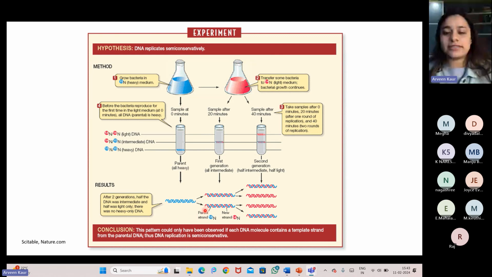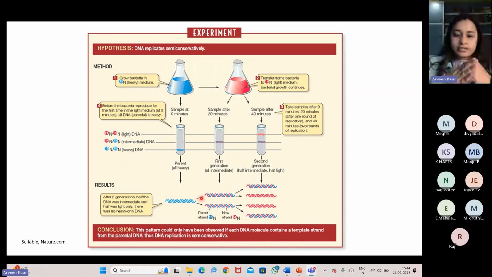How can we understand this? For example, say there was one parent strand to start with. In the first division itself, it got separated. One of the strands acted as a template for one new strand, the other acted as a template for another new strand, and now these two became separate strands, right?